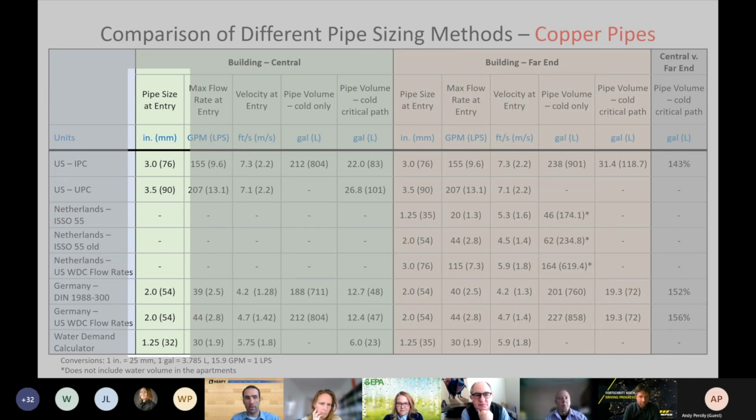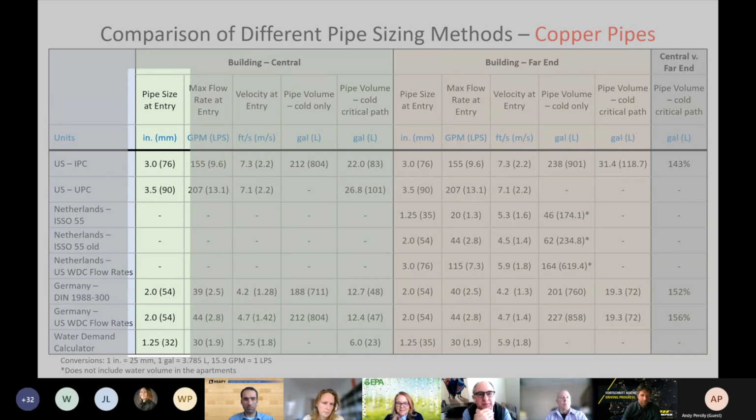So that's why the sizing is much larger than the water demand calculator, which we know is closer to reality. And then speaking about the UPC, both the IPC and UPC use the Hunter's curve. So the only difference is the difference in the fixture unit values themselves that determined the pipe size.